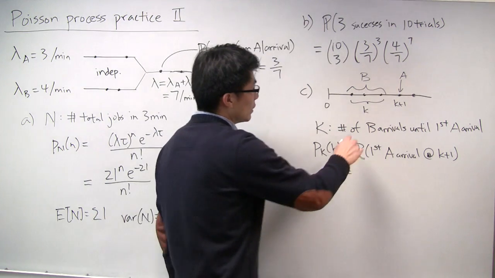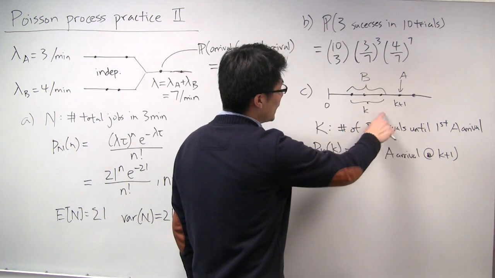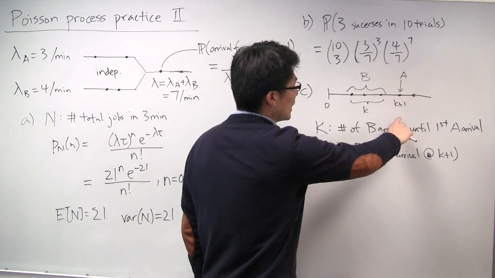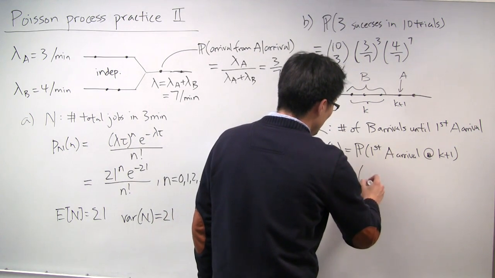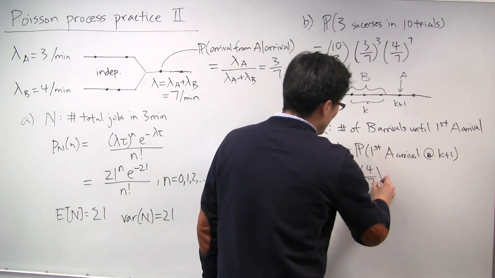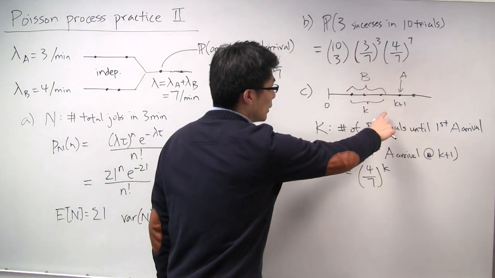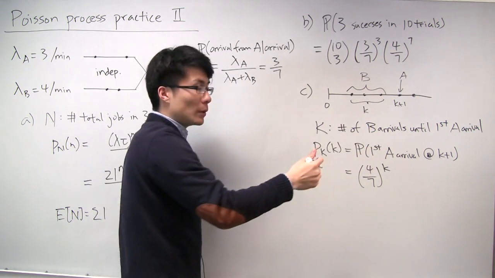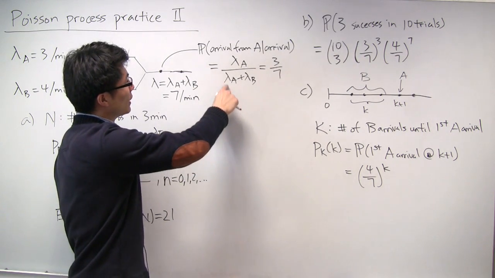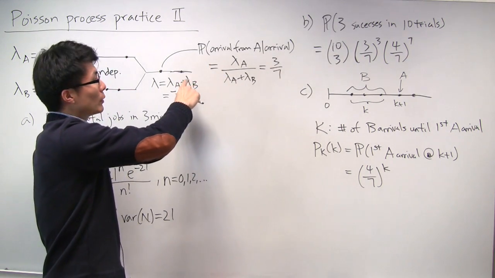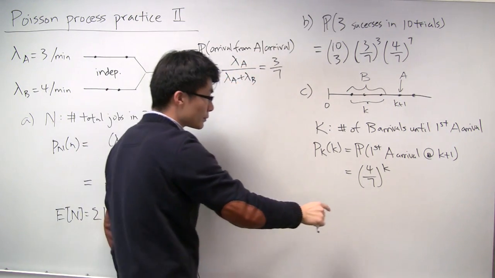Well, that means that it's going to be the geometric, because we need K failures followed by a success at the K plus 1 trial. So we need K failures, meaning that the first K arrivals must all have come from type B, and we can do a similar argument here to show that for any arrival, the probability that it's from type B is just lambda B over lambda A plus lambda B, which is 4 over 7.